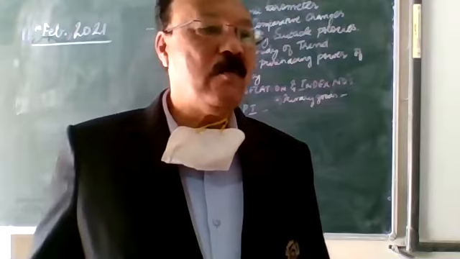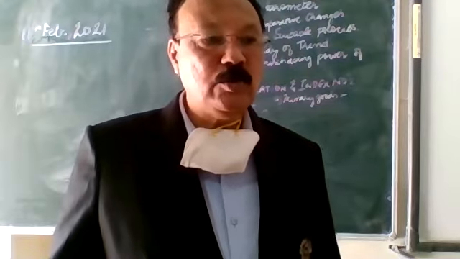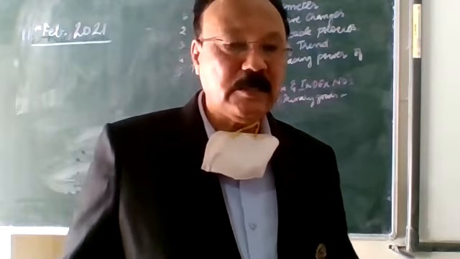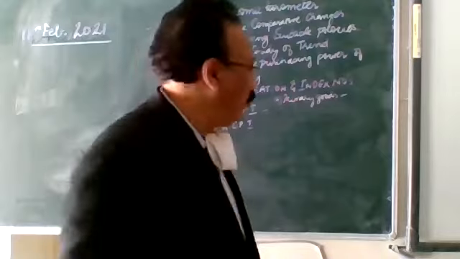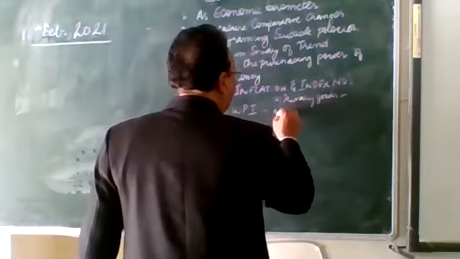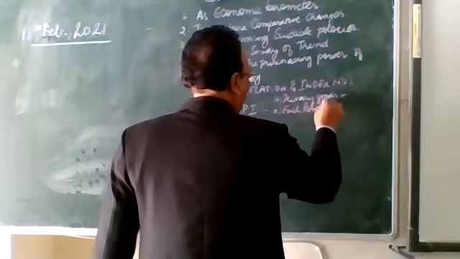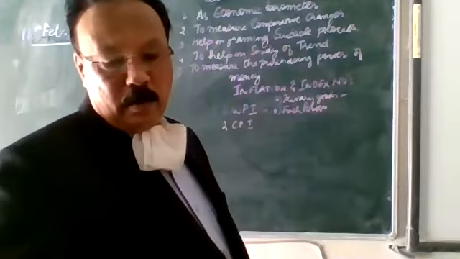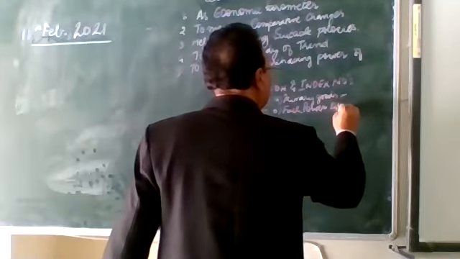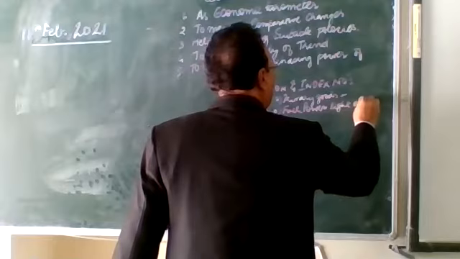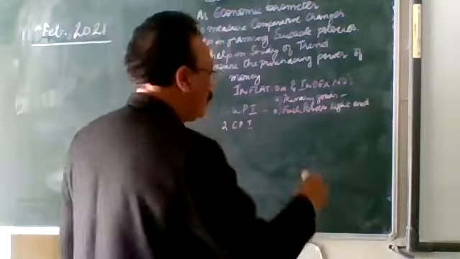When you talk of non-food materials, they would be raw cotton, jute, oil seeds, etc. Then we have fuel, power, light and lubricants.